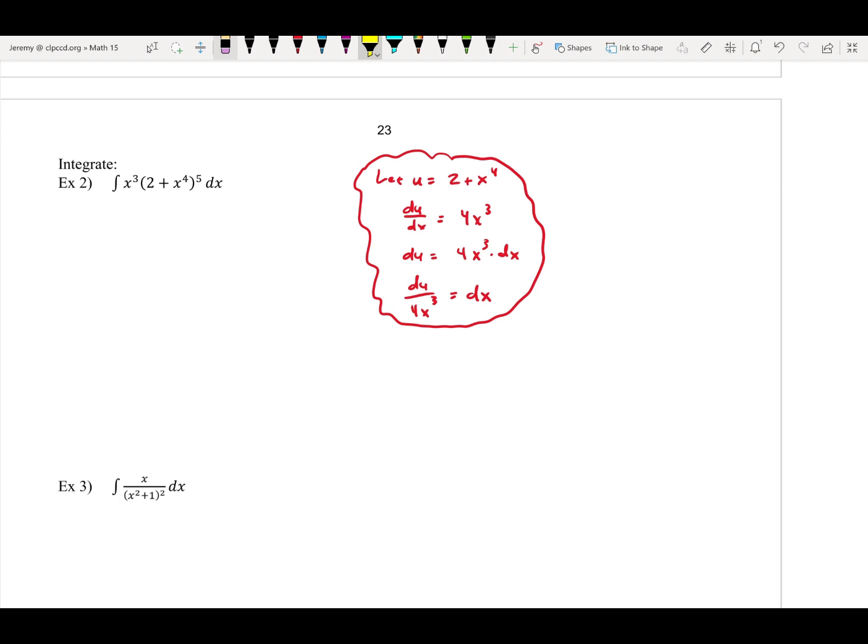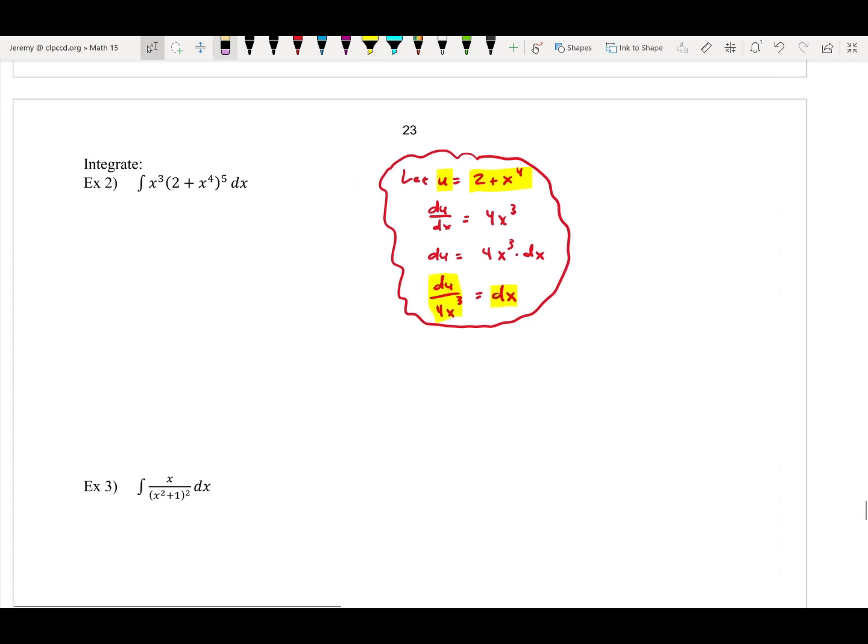All right, so this is generally how I proceed. I want to know what u is equal to and what dx is equal to. That will now allow me to do the substitution. Let's try to substitute this in and see what happens, because remember, we need all of the x's to go away. That's the challenge here. So this x to the third stays the same.